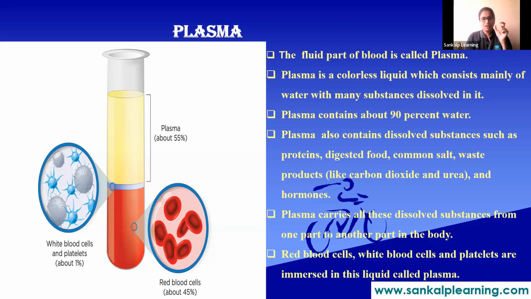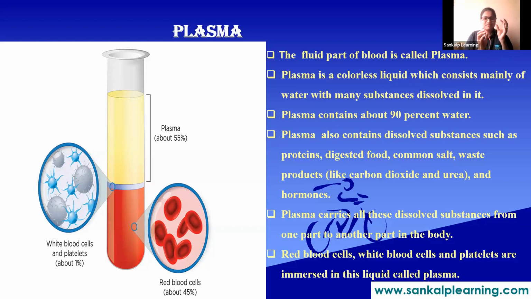As I said, plasma will be dissolving the carbon dioxide, no? So that carbon dioxide should reach the lungs. There the exchange of gases should take place, then carbon dioxide will go outside the body. Urea is there, which is an excretory substance. So that has to be taken to the kidneys. From the kidneys, it has to be excreted out through the urethra.